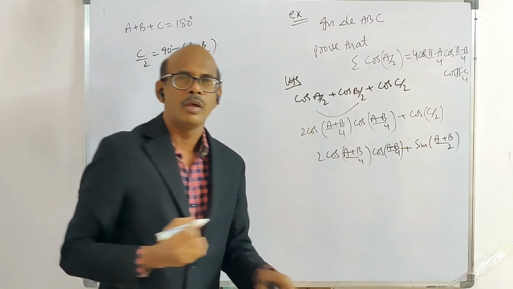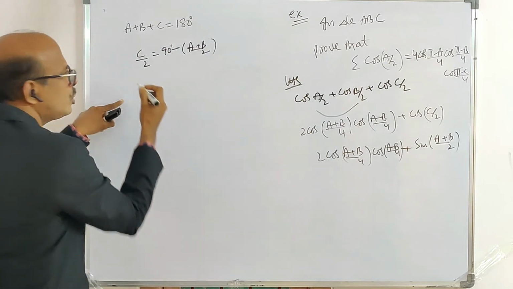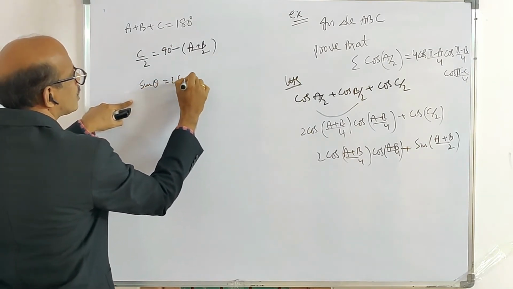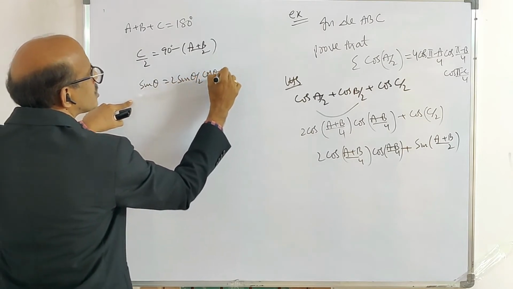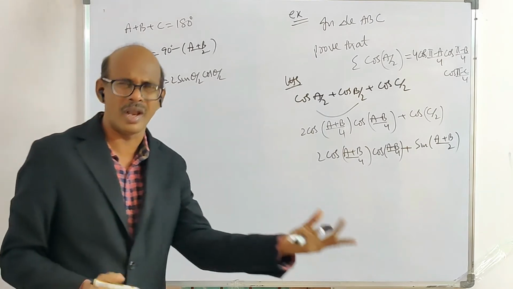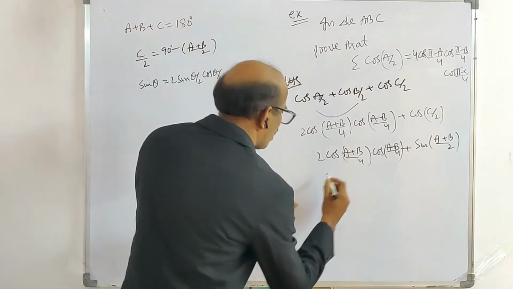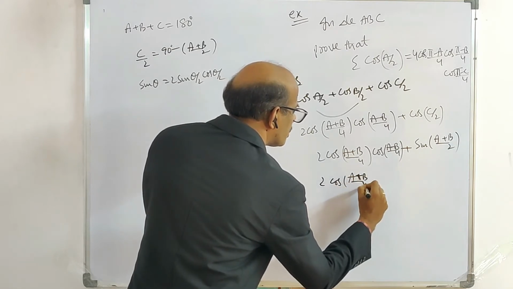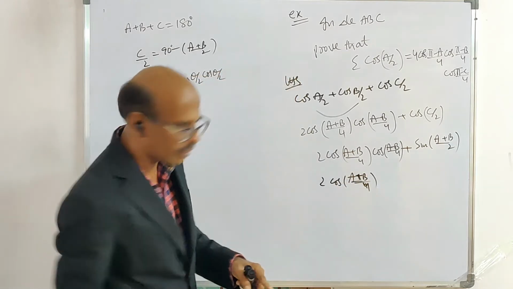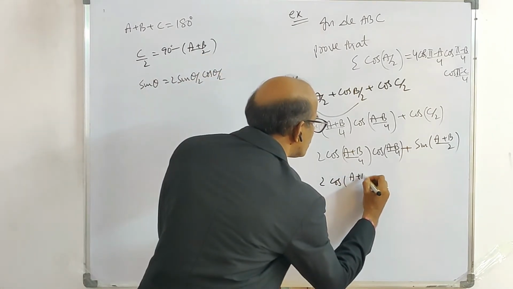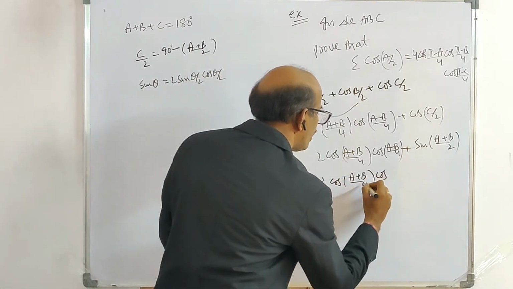Right. Concentrate. Now again I'm using toolbox formulas: sin theta equals 2 sin theta by 2 cos theta by 2. You know very well, only formulas are required here. So 2 cos (a plus b) by 4 as it is. Okay, concentrate. Don't commit any silly mistake. A silly mistake causes great damage. So be cautious.